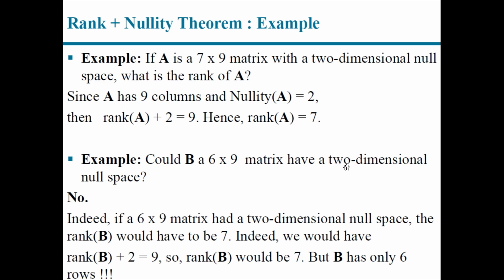So if nullity is 2, then rank needs to be 7. But wait a minute, I have only 6 rows. Rank equals 7 means I have 7 linearly independent rows and 7 linearly independent columns, but I only have 6 rows. So this is impossible. So it's not possible for a 6 by 9 matrix to have a two-dimensional null space, obviously.